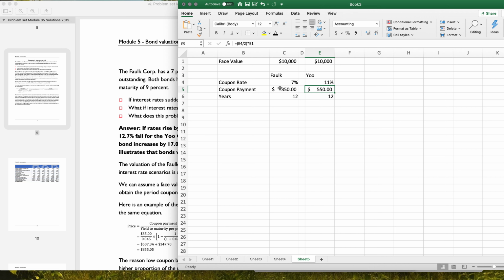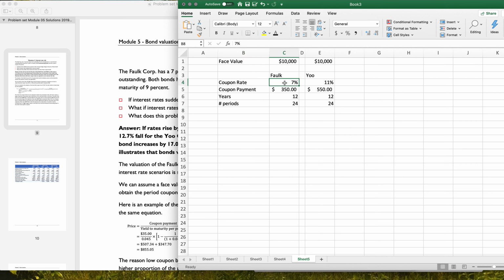So the coupon payment when it's 7% is $350 out of a $10,000 bond, because we did 7% divided by 2. Again, those are semi-annual coupon payments. Same thing here, it's 11% divided by 2, which is 5.5% times $10,000. And then the number of periods is going to be the years times 2 because it's semi-annual.